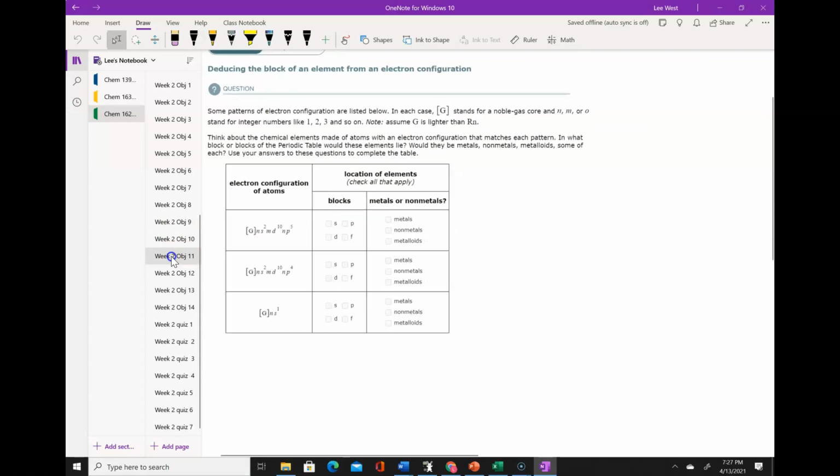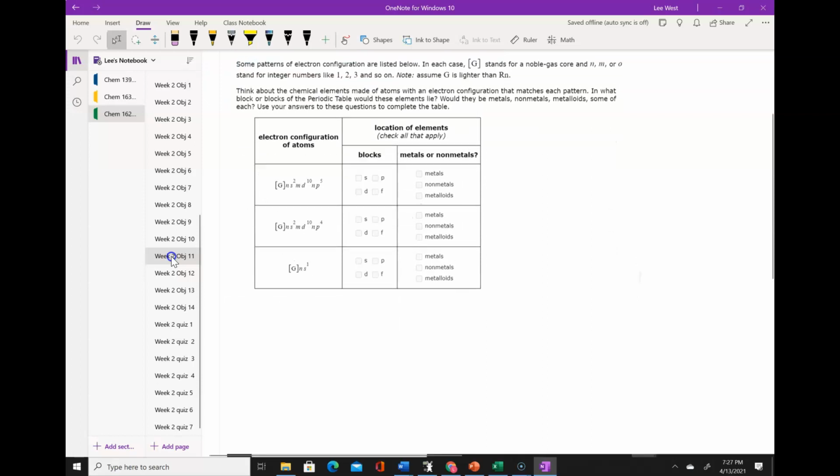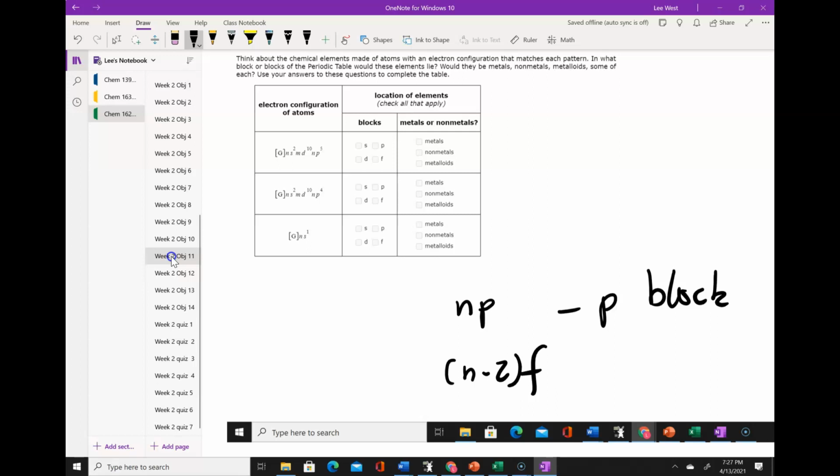Deducing the block of an element from an electron configuration. This is pretty straightforward. If it ends in P, it's in the P block. If it ends in F, you guessed it, it's in the F block.